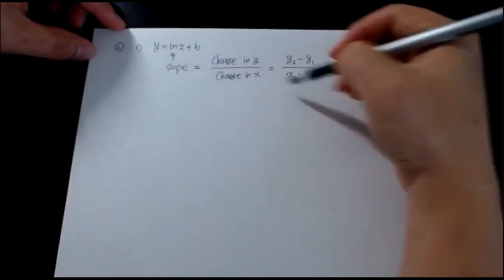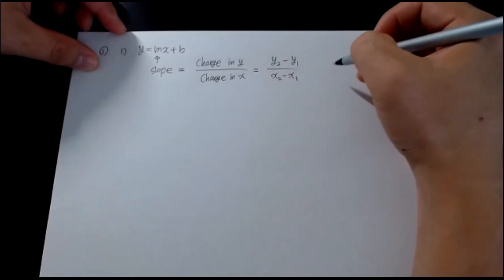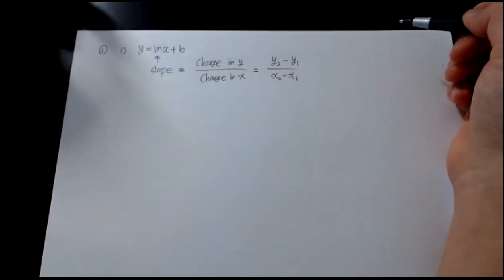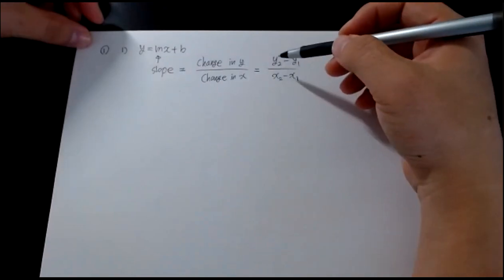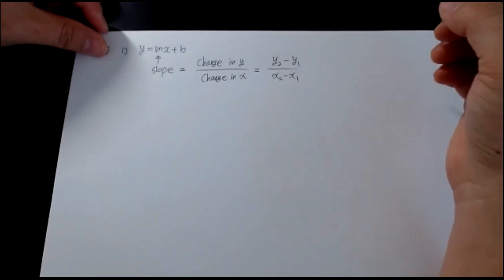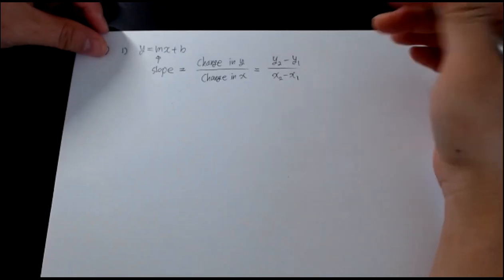Okay. So what are they? x1, x2, y1, y2. So x1 comma y1 is an ordered pair, a point on the line, and then x2 comma y2 is an ordered pair, a point on the line. So given two distinct points on the line, we can find the slope.